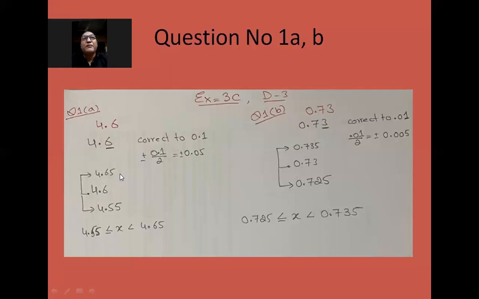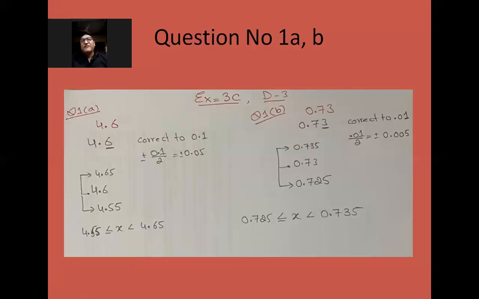That is the upper bound, the maximum value, the largest value. And the lower bound is the main measurement, 4.6, minus this number. So 4.6 minus 0.05 gives you 4.55. That is your lower bound, or the least value, or the minimum value. So 4.6 has a lower bound of 4.55 and an upper bound of 4.65.